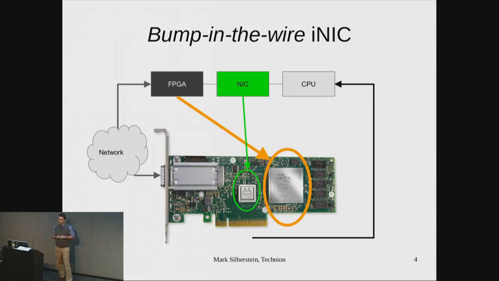So you're already convinced, and so surprise, surprise, there are things outside of the Microsoft Research Catapult project that do very similar things. And this is in particular the Mellanox FPGA-enabled NIC. So what you can see is there is a bump in the wire, right on the wire between the NIC and the rest of the world, and actually the NIC is sitting on the PCI bus, and it's a regular NIC.